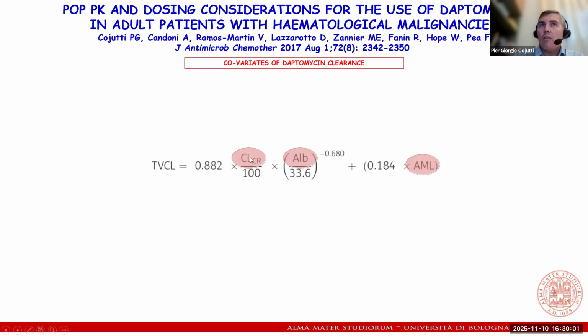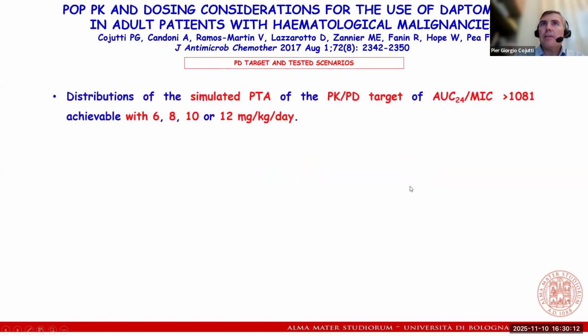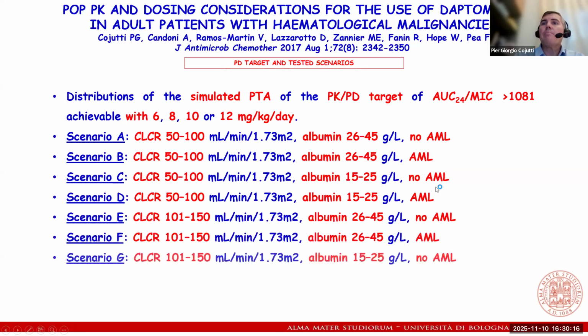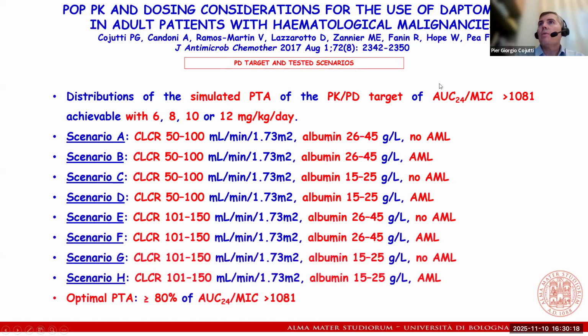So the combination of these 3 covariates may estimate drug clearance and in turn help us to identify the optimal dosages in terms of achieving a PK/PD target of efficacy, which, as I told you in the first slides, is an AUC over MIC greater than a certain number, which is more than 1,000 of AUC.